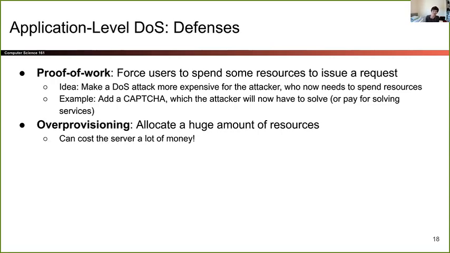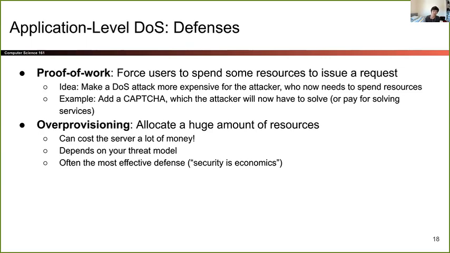But of course, the drawback is this can cost a lot of money. As we all know, money is hard to come by from time to time. And it'll really depend on your threat model whether this is actually a valid defense or not. If you're up against something like the NSA, they have a lot of resources and even over-provisioning might not be enough.